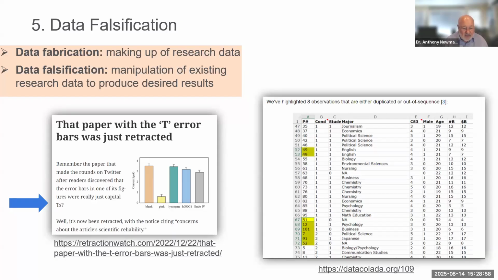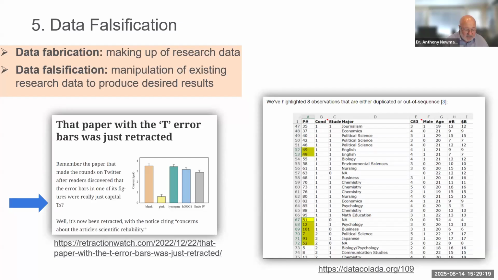If you look very carefully, some person has actually carefully pasted in a capital T from a font in that figure to make it the error bar. Isn't that outrageous? Anyway, it was found.